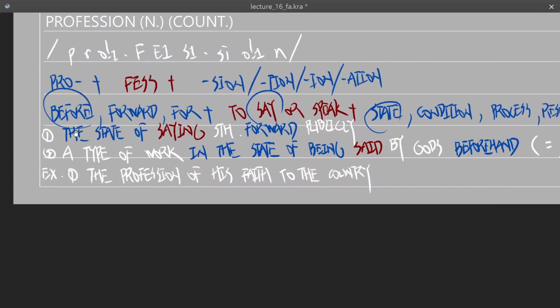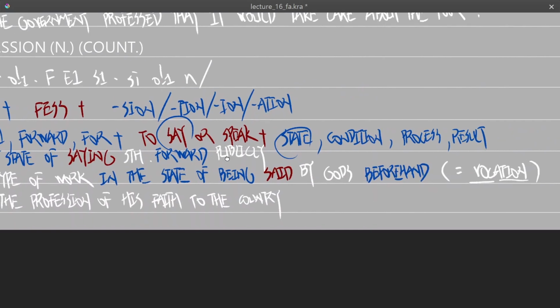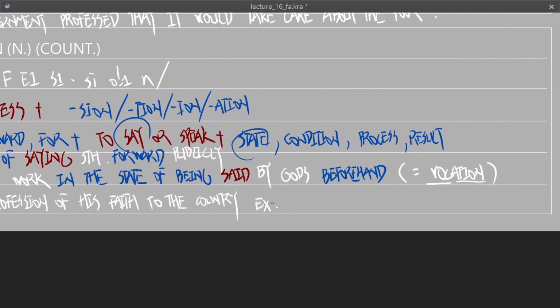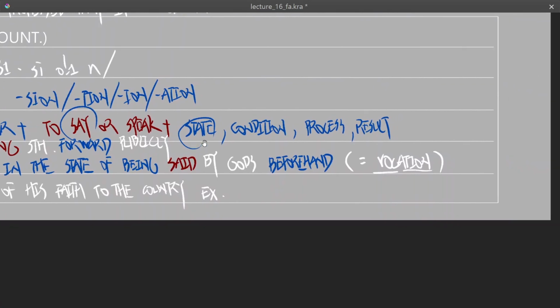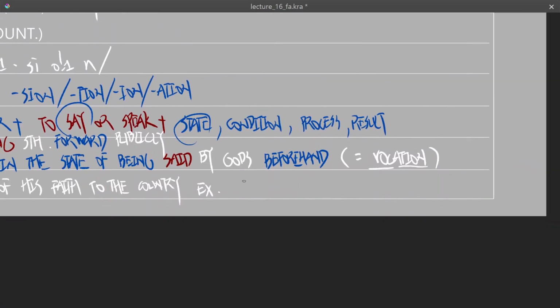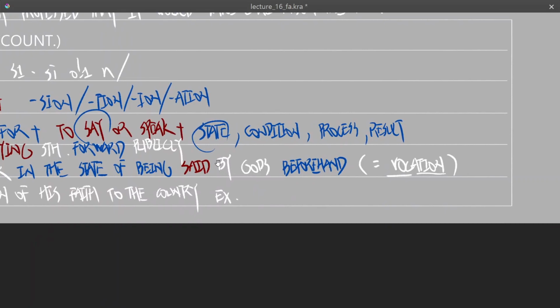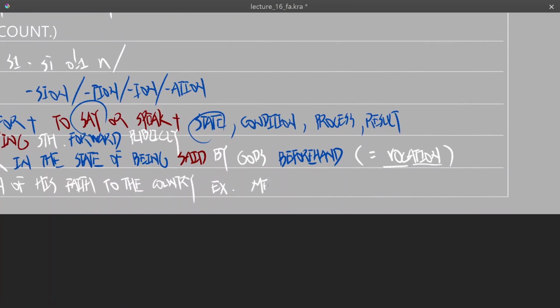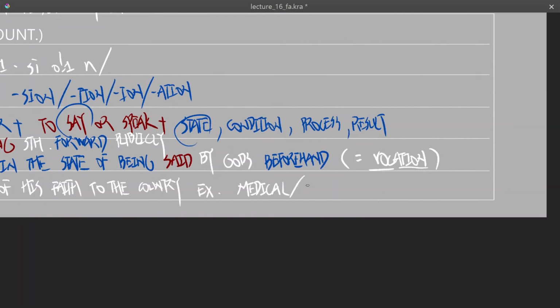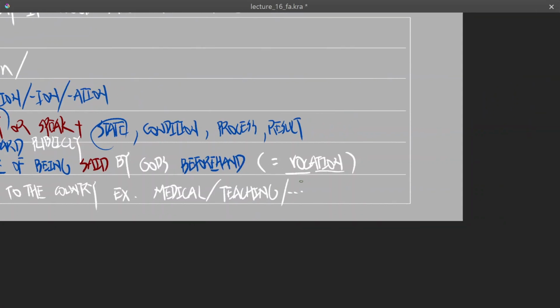For example, we have the teaching profession or the medical profession, etc. Profession.